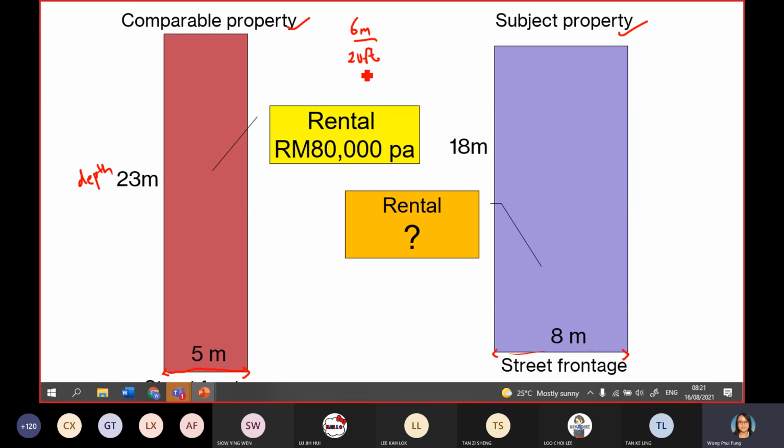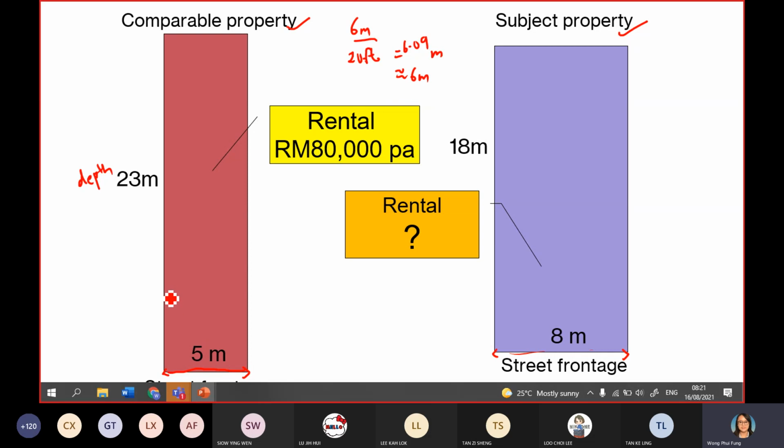When you convert the 20 feet to meter, it should be 6.09 meter. So for standardization, they use 6 meter. So remember, don't use 7, don't use 8. Remember, only use 6 meter.